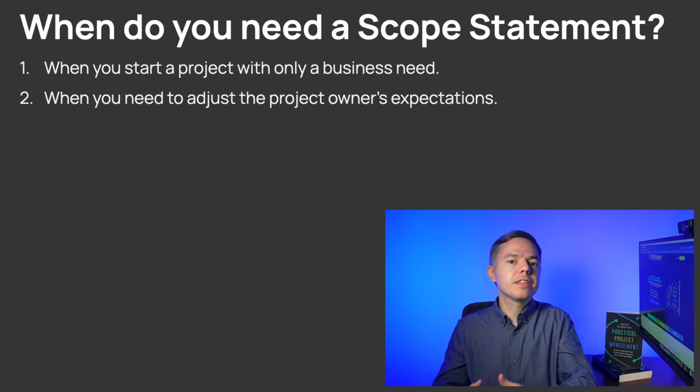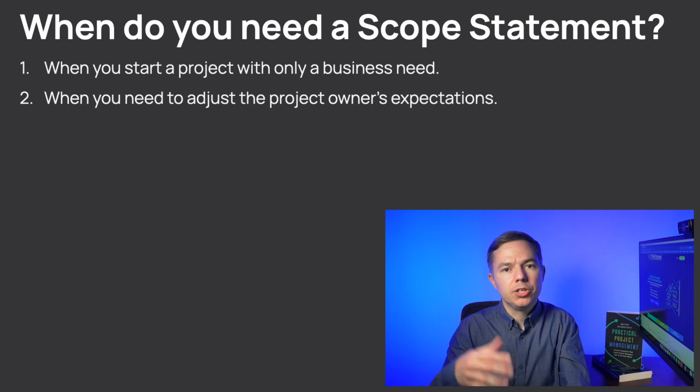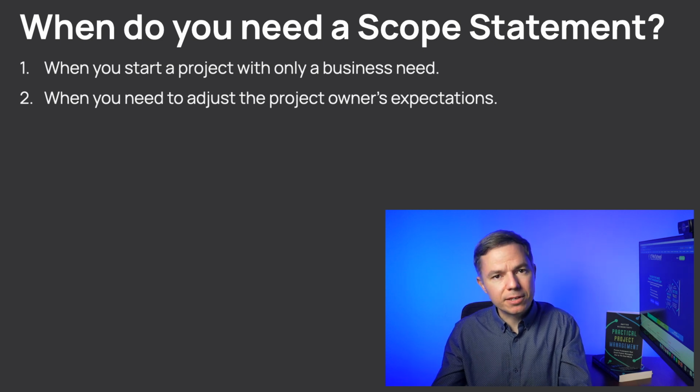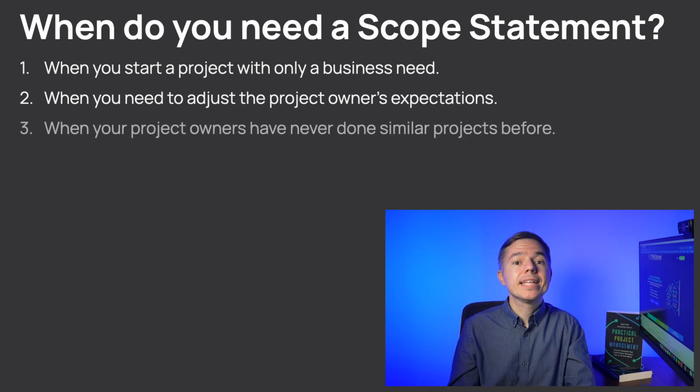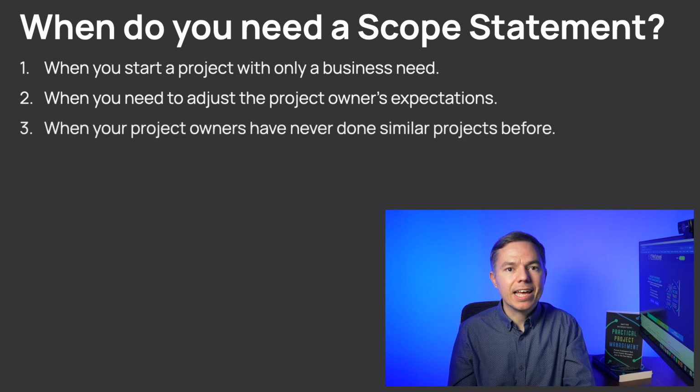For example, they think the project is simple, but you or subject matter experts think the project is much more complex. Third, when your project owners have never done similar projects before. For example, it's the first time they participated in the software development project. This will help you educate and engage key stakeholders in the project.